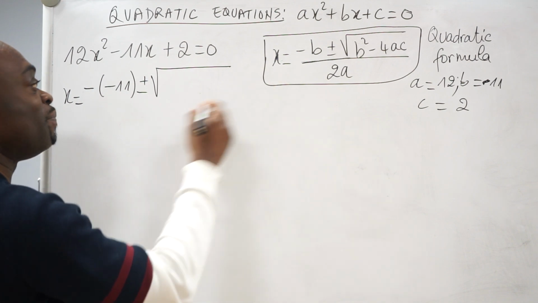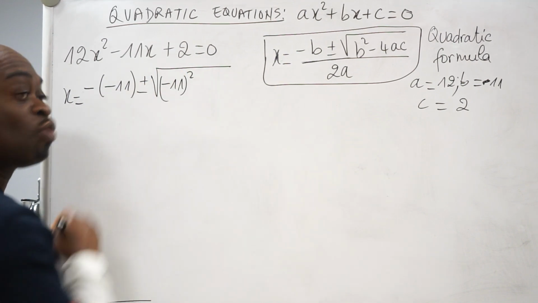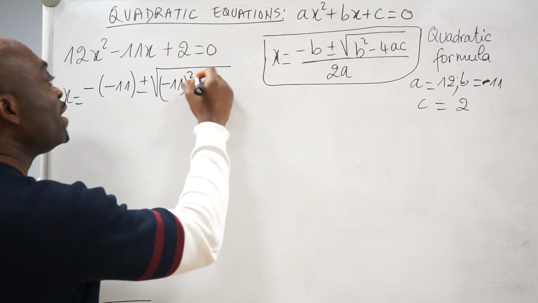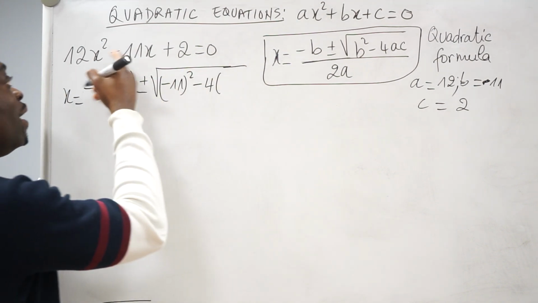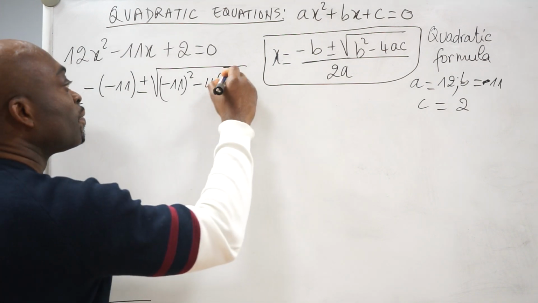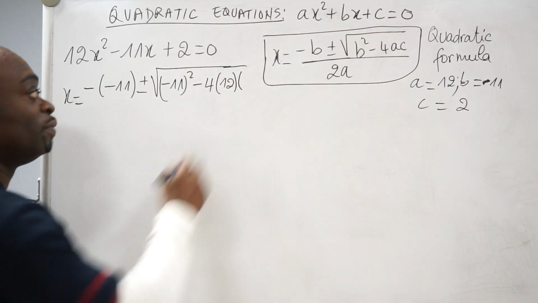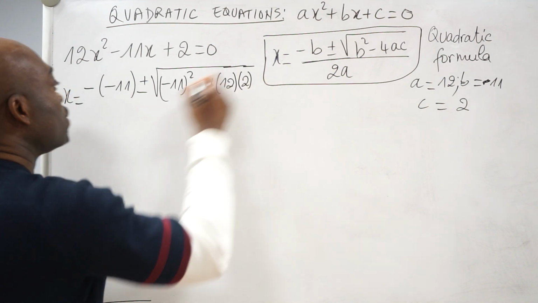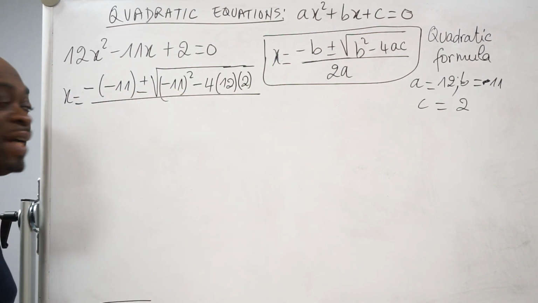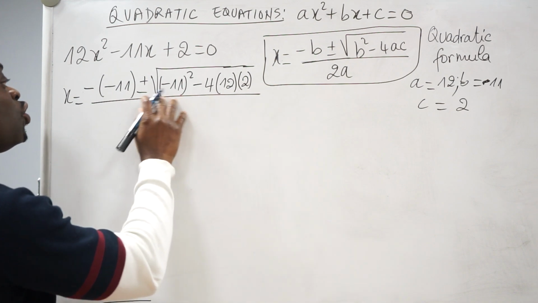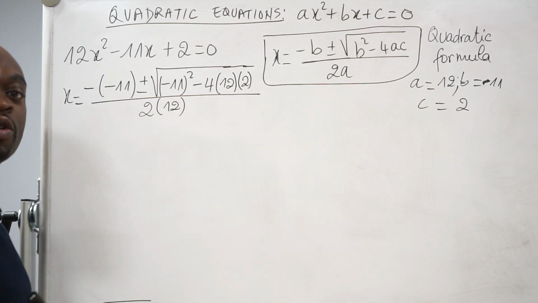Square root, what is b squared? b is still negative 11, then you square that, minus 4 times a, which is 12, and then c is 2. By following the formula, this is what we have so far. And then divided by 2a, 2 times 12. Are we good so far?